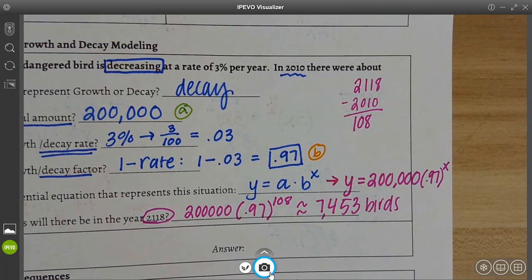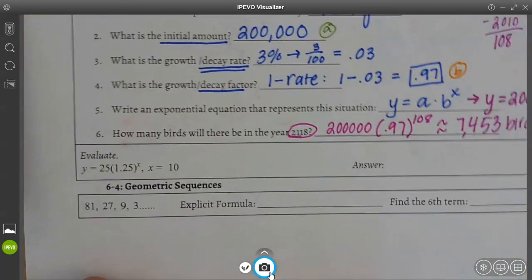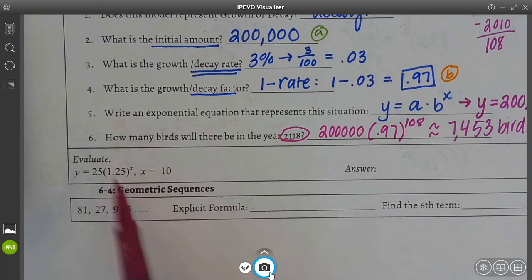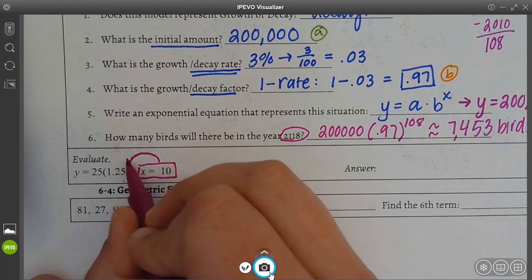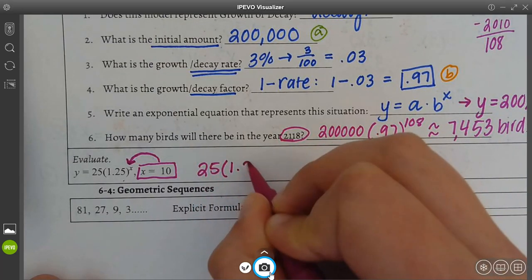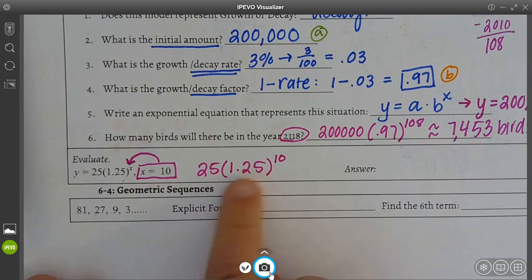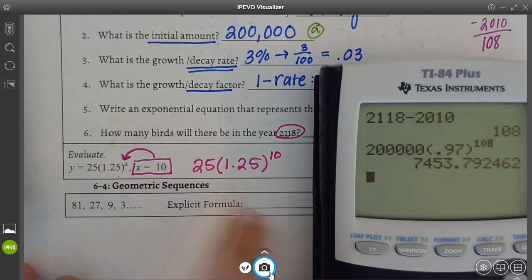And then we've kind of got the same type of problem going on for our next one right here, except where we didn't have to come up with the equation ourselves. We just need to use our equation. So when we're given this x value of 10, that just means we plug that into our equation. What I'm going to type in my calculator is 25 times 1.25 raised to the 10th power. This is an example of growth because the base of my exponent is greater than 1.